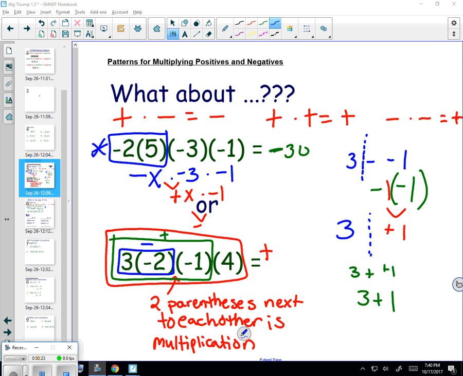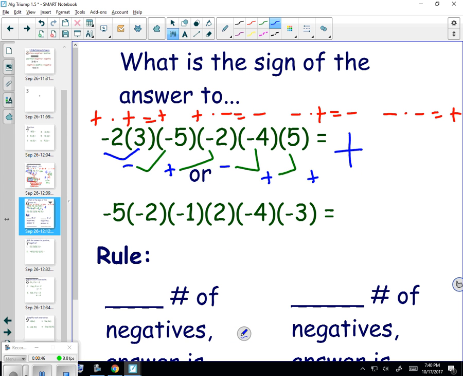In the first problem, negative 2 times positive 5 times negative 3 times negative 1, we had three negatives. We ended up with a negative answer. In the bottom one, 3 times negative 2 times negative 1 times 4, we had two negatives, and we ended up with positive.